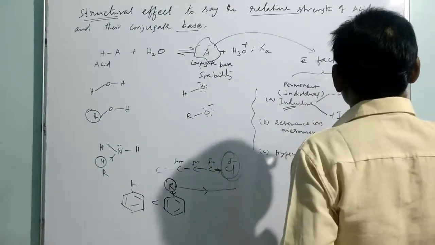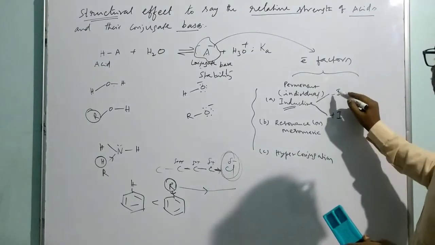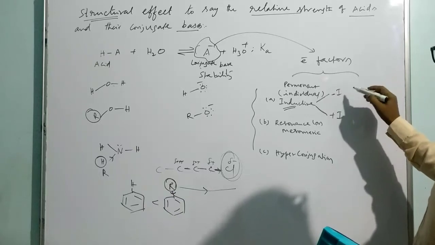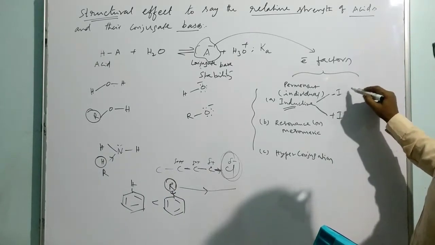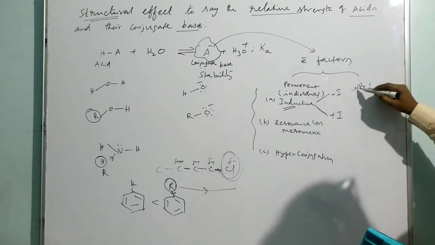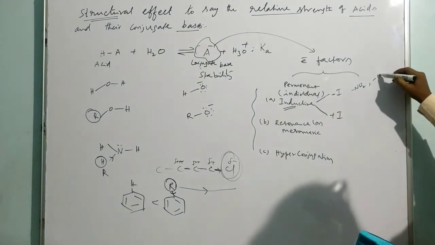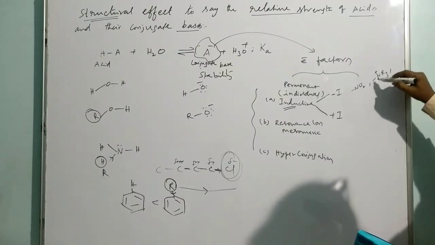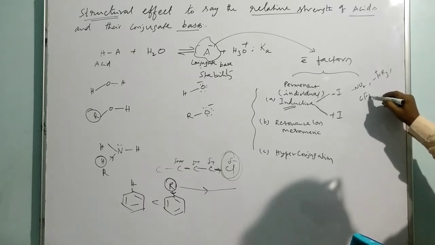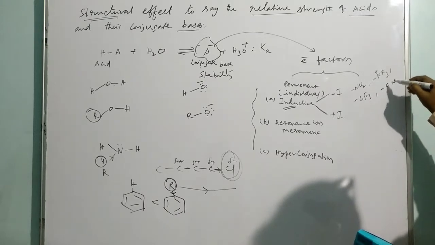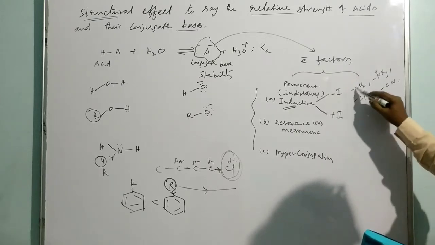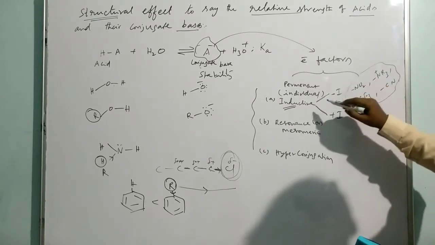So the higher electronegativity elements, we can consider groups like the NO2 group, NO3 plus group, and we can say the CF3 group, and even the CN group, etc. Any element which is more electronegative, based on the electronegativity, all these groups are considered electron withdrawing.